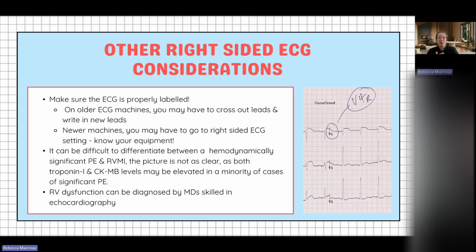Some newer machines, depending where you work, like some emerges, have ECG machines with 13 leads instead of 10, so you can do your entire 12 lead plus your posterior leads all at the same time, and it'll be printed and labeled properly. But again, it depends on the equipment you have. Okay, thank you. It makes sense. Yeah. Good.